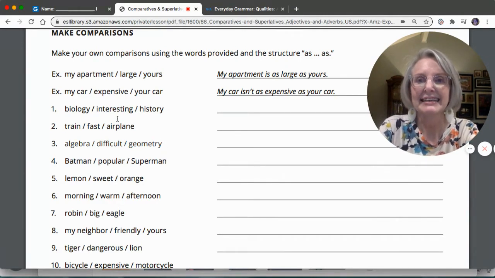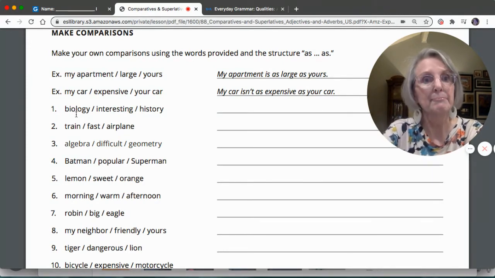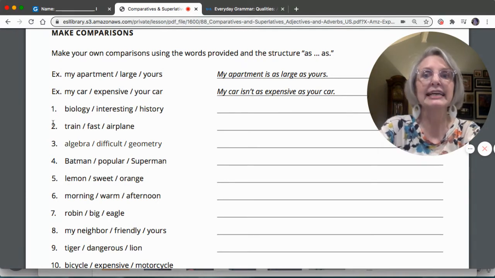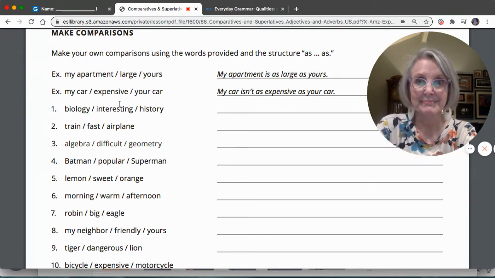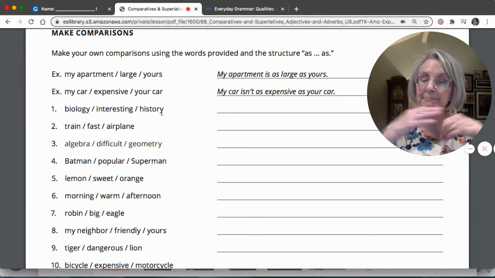All right. Here they give you 2 classes that you might take in school. Biology, this is a kind of science, or history. And the word interesting. So how interesting do you think those 2 are? Do you think those are the same?